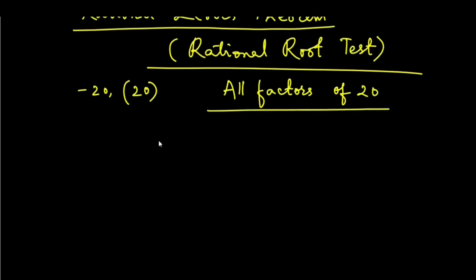The factors of 20 are 1, 2, 4, 5, 10, 20.